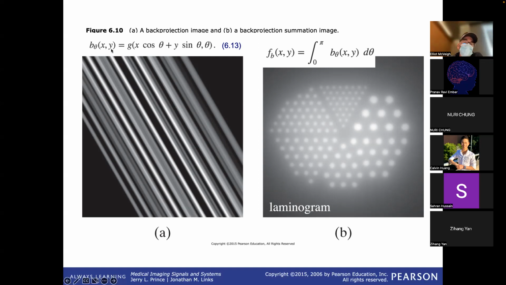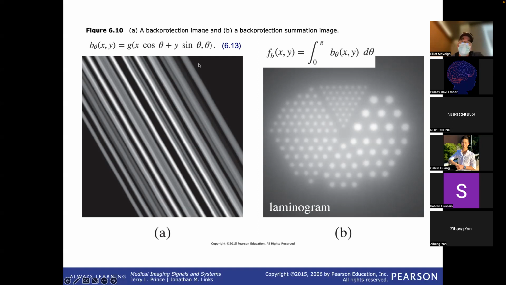And so this is one instance at a specific theta of this BXY, which is this projection back onto the plane of our sample data G.